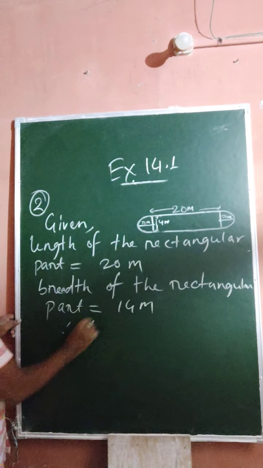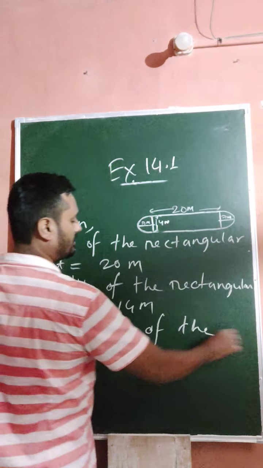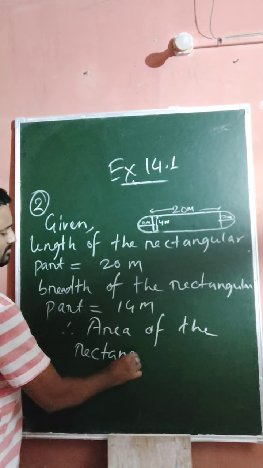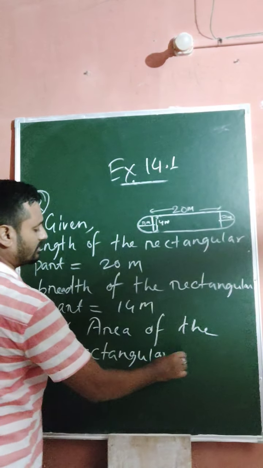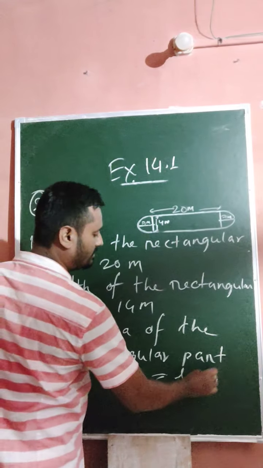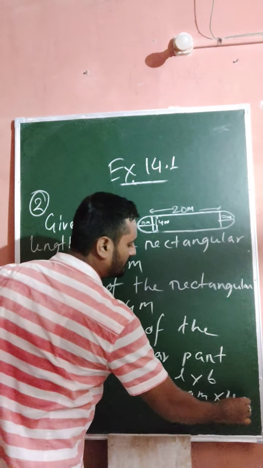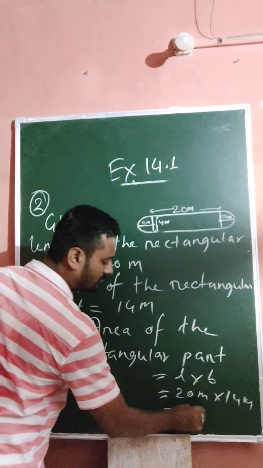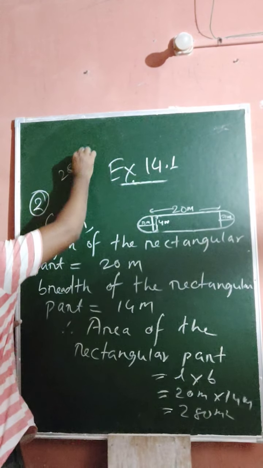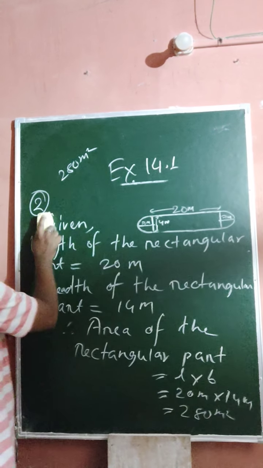Therefore, area of the rectangular part is equal to L into B, that means 20 meter into 14 meter, that means 280 meter square. So 280 meter square is the area of the rectangular part.